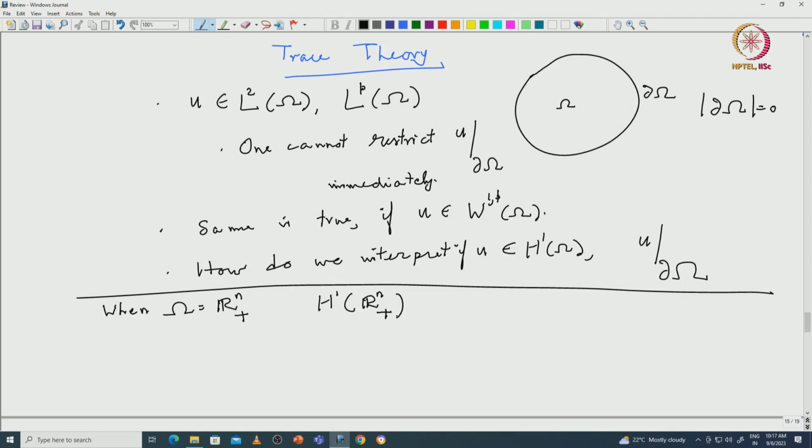D of Rn plus is not dense in H1 of Rn plus, so you use the density results.